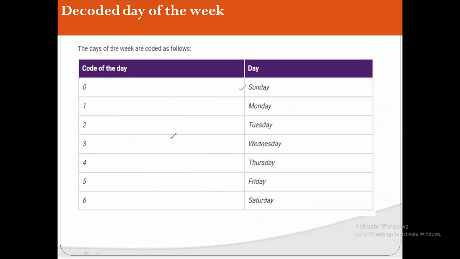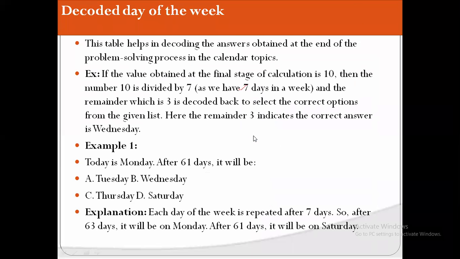If it is 1, Monday; 2, Tuesday; 3, Wednesday; 4, Thursday; 5, Friday; 6, Saturday. This is how we decode the days of the week. This table helps us decode the answers obtained at the end of the problem solving process in calendar related problems.